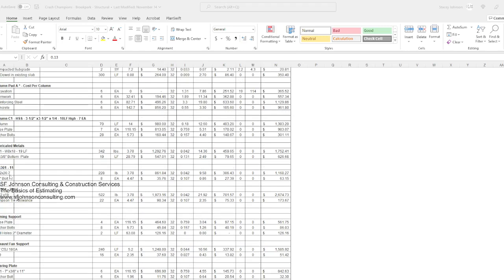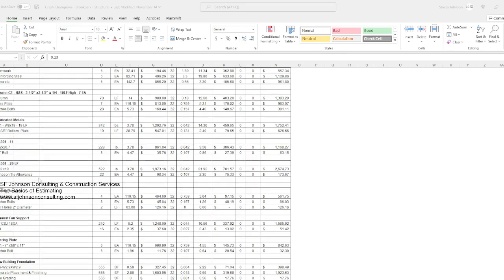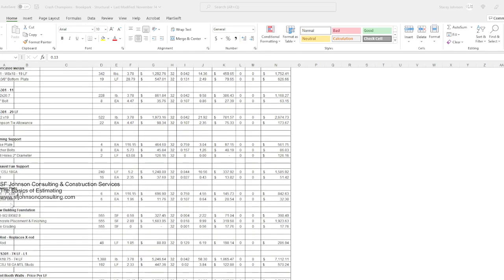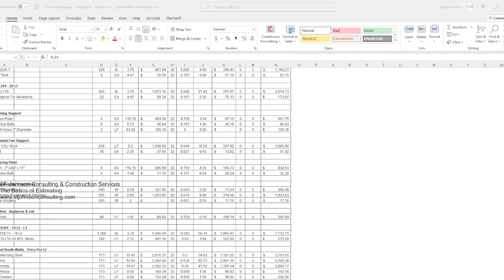C-beam, C12, we had 228 pounds of that, and then the bolts. And then we also had a 12 by 19, and there was 522. We had 29 linear feet of that, and so 522 pounds. And then all of the other things, all of the supports, right? Bearing plates and supports, and then the new foundation.